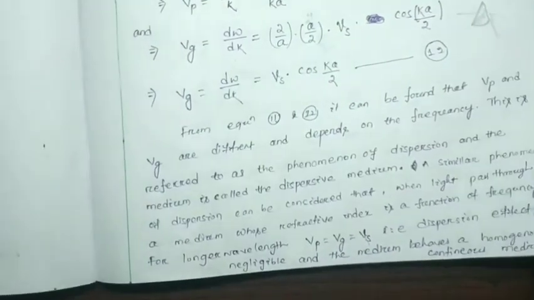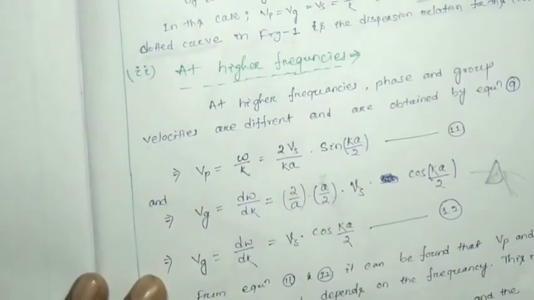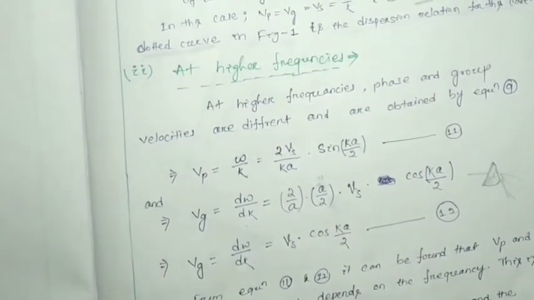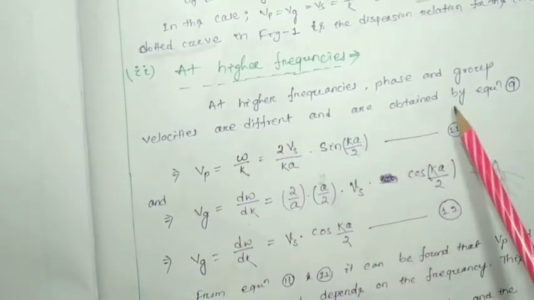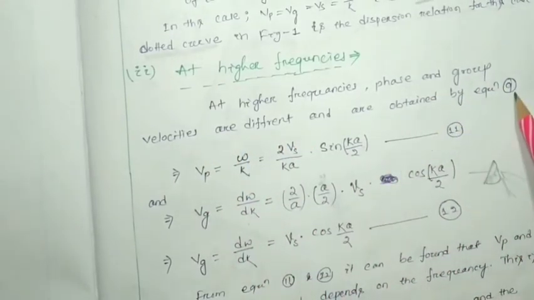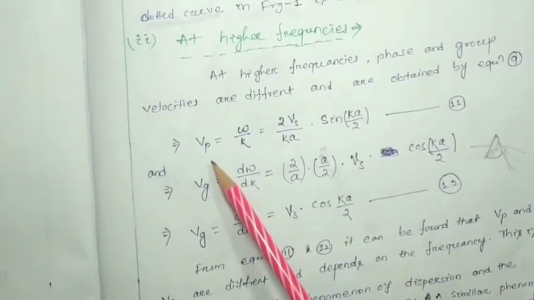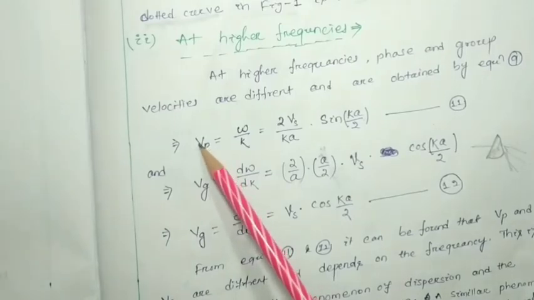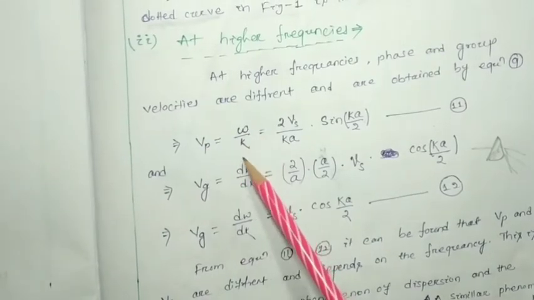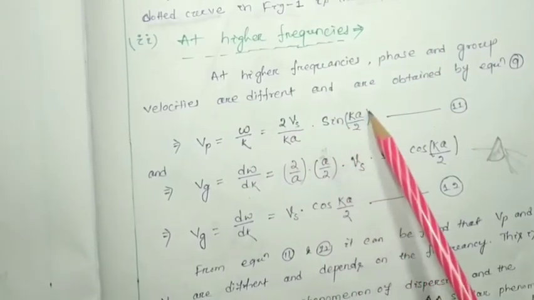At higher frequencies, the phase and group velocities are different and are obtained from equation number 9. From equation number 9 we find Vp, which is nothing but omega by k, equal to 2 Vs by k into sin ka by 2, right?